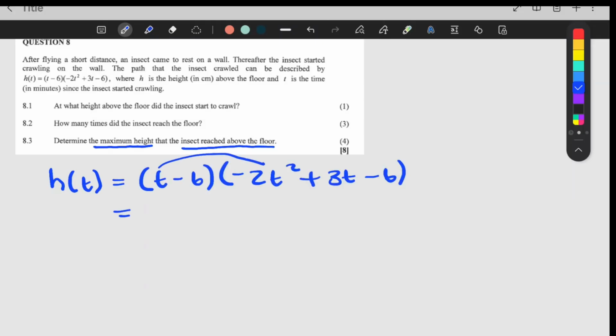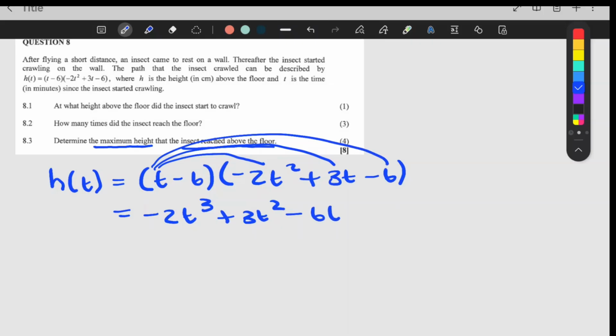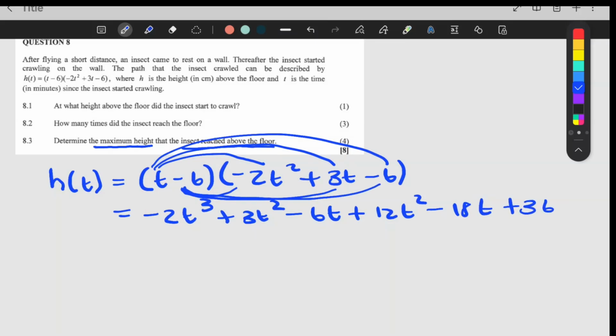So this times this, negative 2t to the 3. This times this, plus 3t squared. This times this, minus 6t. And then this and this, plus 12t squared. This and this, minus 18t. This and this, plus 36.